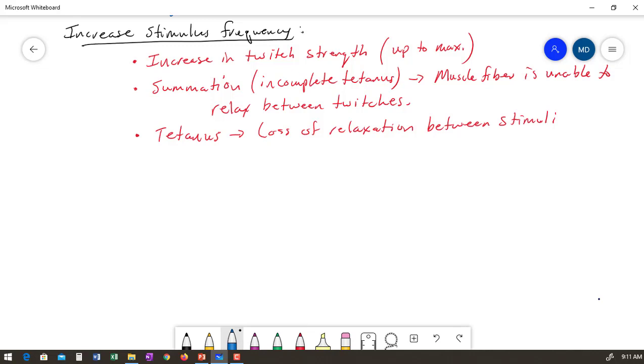So in other words, a bunch of twitches lead to summation, and then an increase in summation up to the point where you completely lose any relaxation leads into tetanus. All right. So basically what I'm showing you here is a progression of increasing continuation of contraction. Now, if you hold tetanus for long enough, this leads to fatigue. And fatigue refers to a loss of force generation.